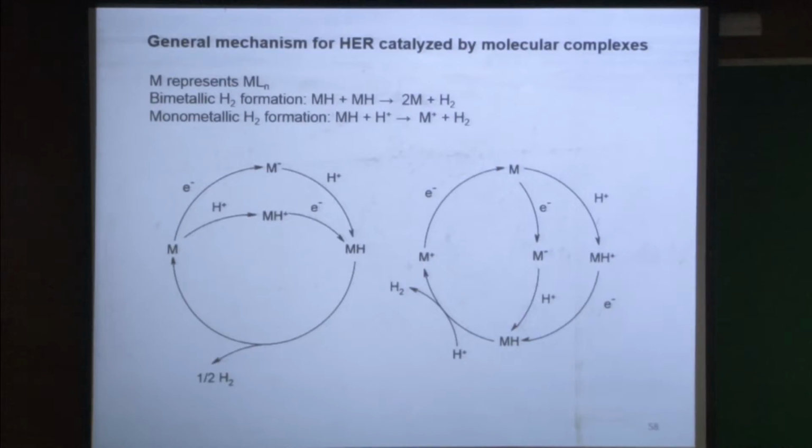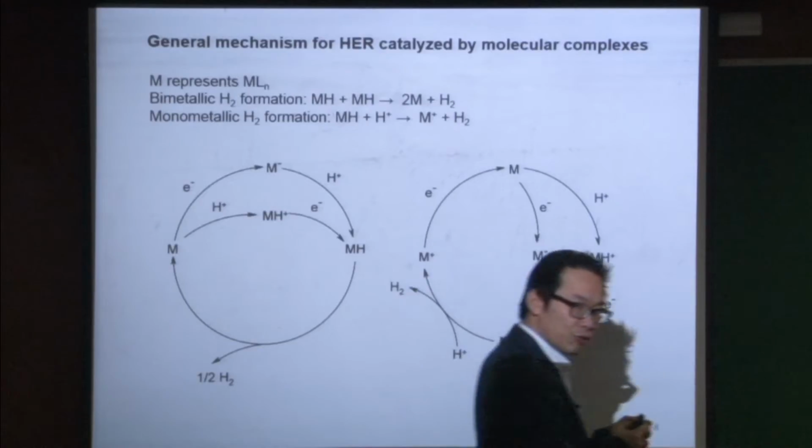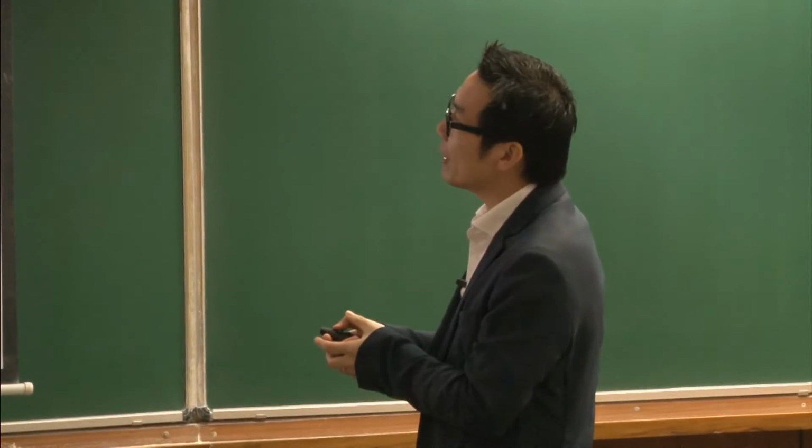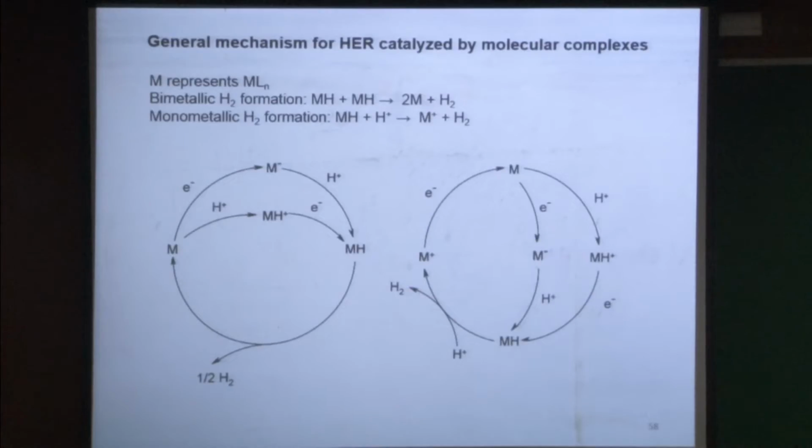Now, in molecular chemistry, you know the hydrogen can be a ligand. We normally call it hydride, connected to a metal. Now, two metal hydrides can come together to make hydrogen. In this case, the two hydrogen ligands behave effectively as hydrogen radicals.